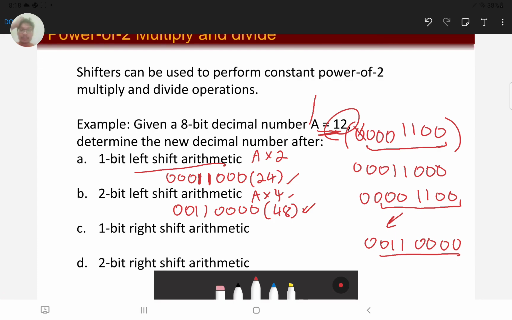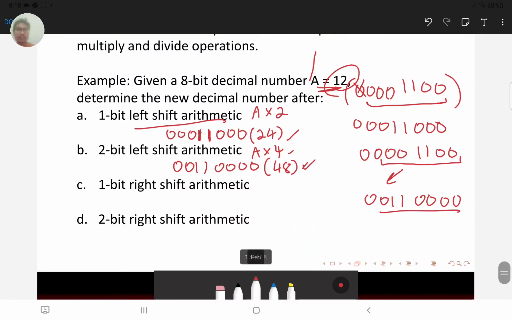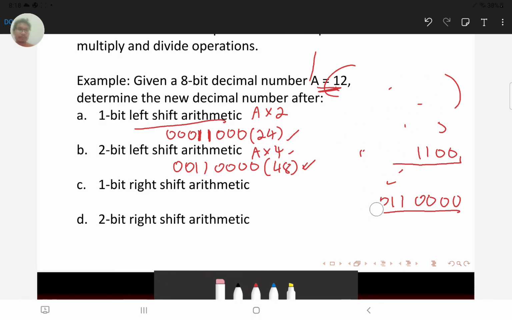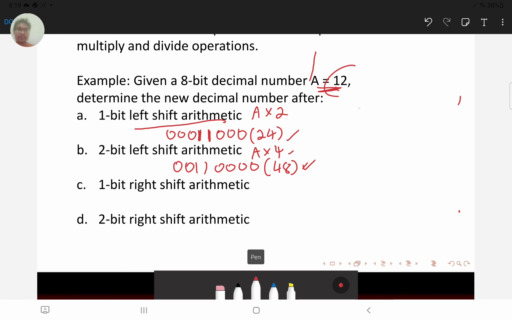16 plus 32. Now, what about a 1-bit right shift arithmetic? If you do a right shift, this is our original number, 12.